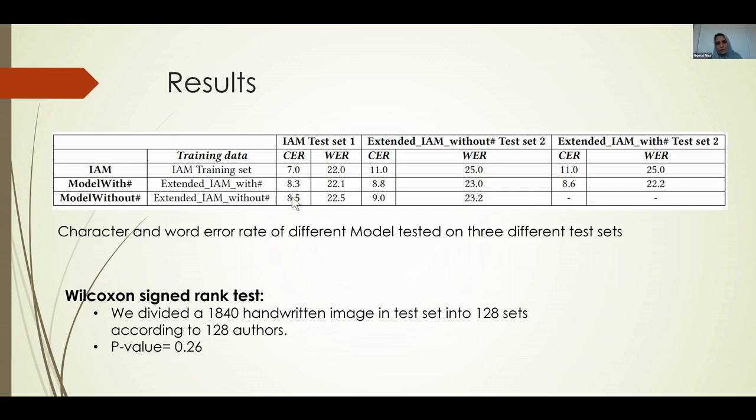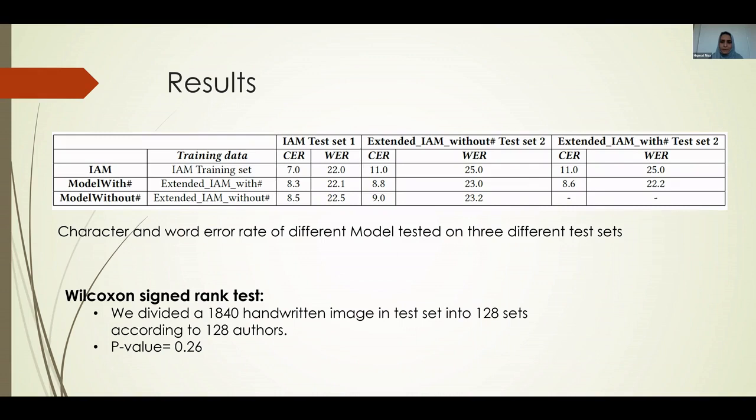There are so many results, so I will conclude that. We can see the difference between these 2 models, 8.3 and 8.5. The difference is not that huge. Same here, it's 8.8 and 9.0. The difference is not that huge.